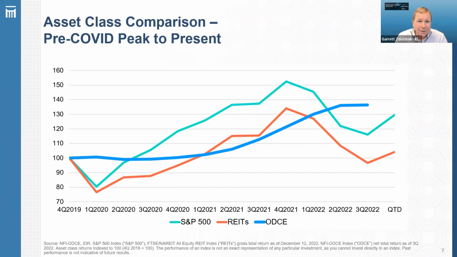I left the bond line off of this just because it's slightly down, but pretty flat, so it hasn't changed all that much. And then certainly REITs are down, and we've talked about that in the past. But this gives you, I think, a fair view of where ODCE is relative to the equity markets.